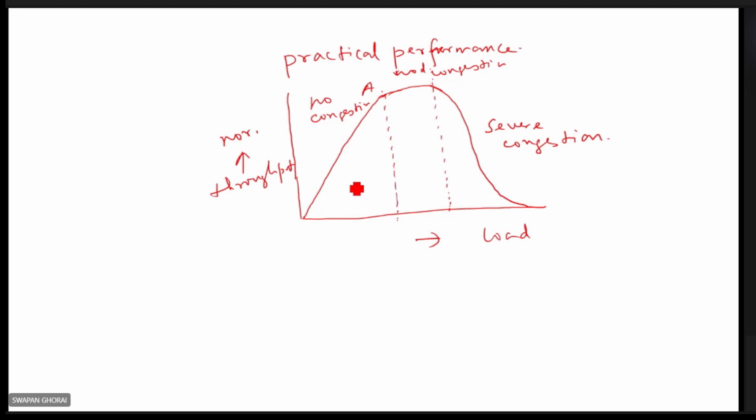So initially, you see throughput increases and reaches some point A. Beyond that, the throughput increases, but it is slower than in the previous region, when you increase the load.